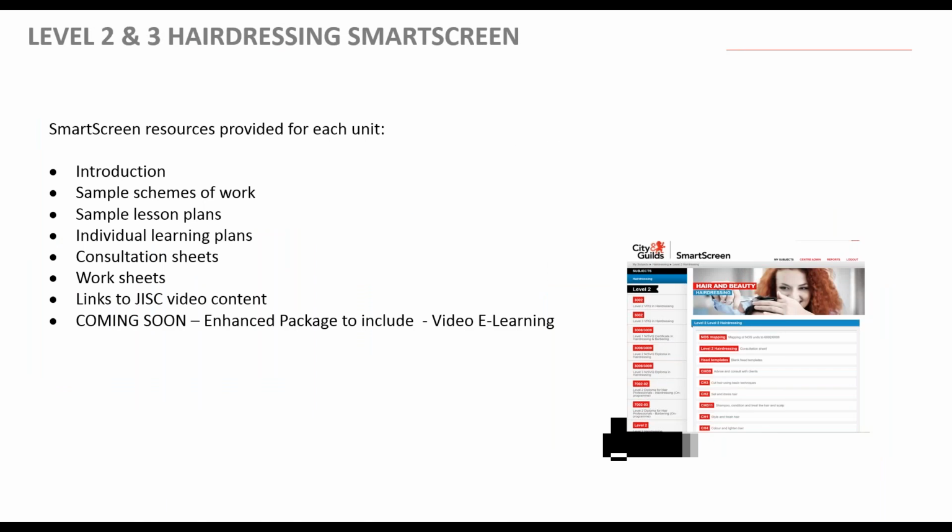For hairdressing, we haven't got the enhanced package yet. We will have by May next year. We have got your basic pack, which introduces you to all the sample schemes of work, lesson plans, individual learning plans, and consultation sheets.